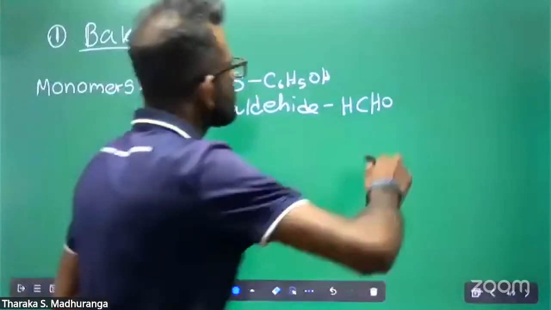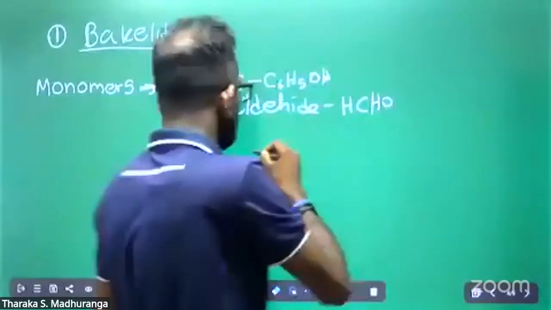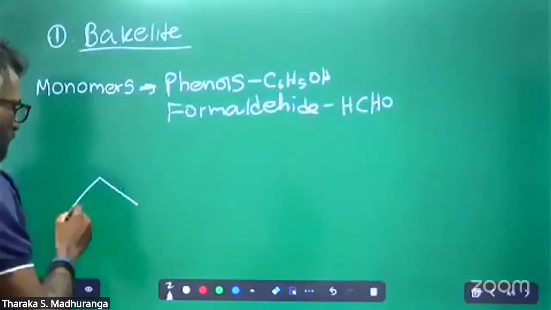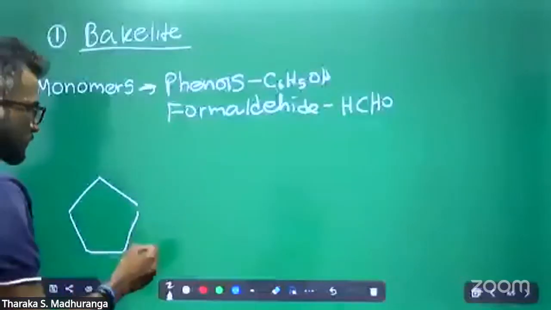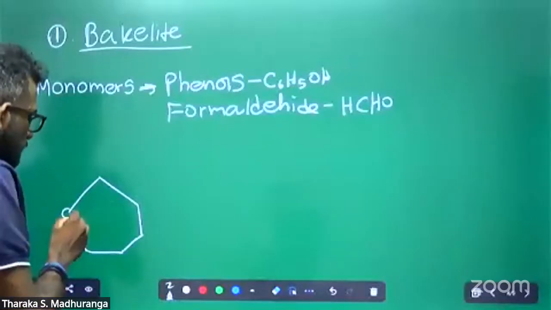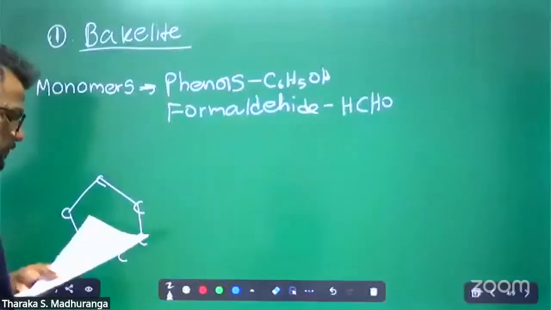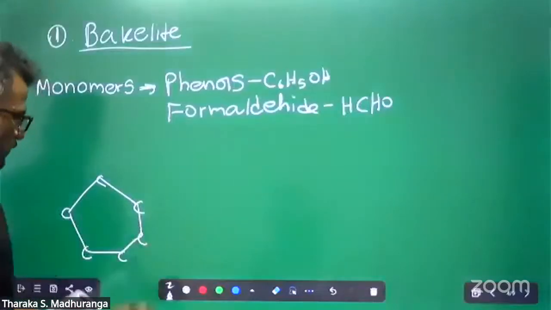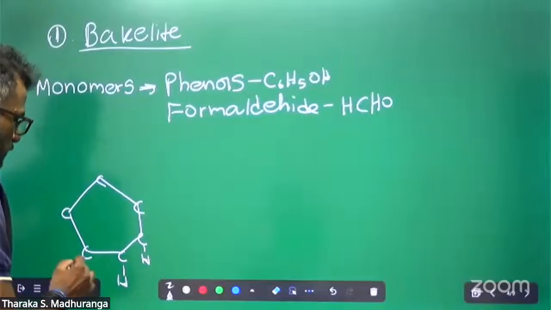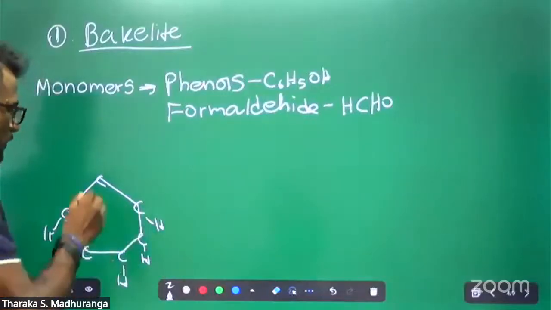The phenol structure is very simple. C6H5, the structure is like this: benzene, sorry, a hexagon, with carbon at each corner, six carbons and H5 with hydrogen, then OH.